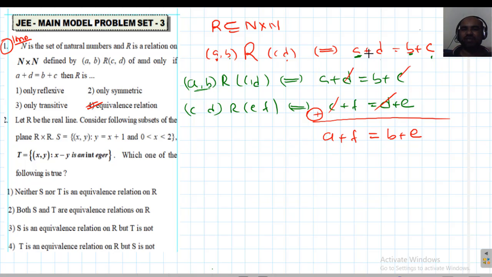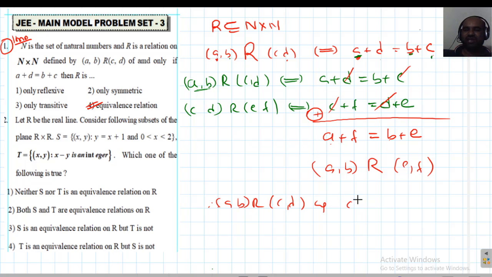First ordered pair (a, b), first and third, related to last and second, which means (e, f). Observe, students, what you got? (a, b) related to (c, d), and (c, d) related to (e, f) gives (a, b) related to (e, f), which means that R is transitive.